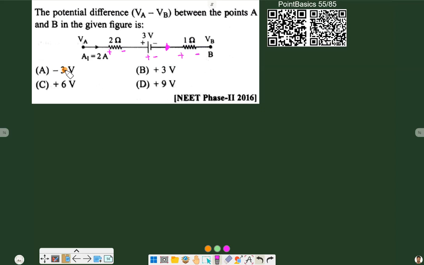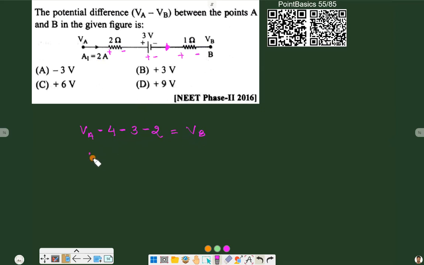Now writing the equation, starting with point A, we have VA, positive to negative, negative, twice into current. Resistance is 2, current is also 2, 2 into 2 is 4. Now positive negative, so negative 3, positive negative, so negative 1 into current, that is 2, is equal to VB.